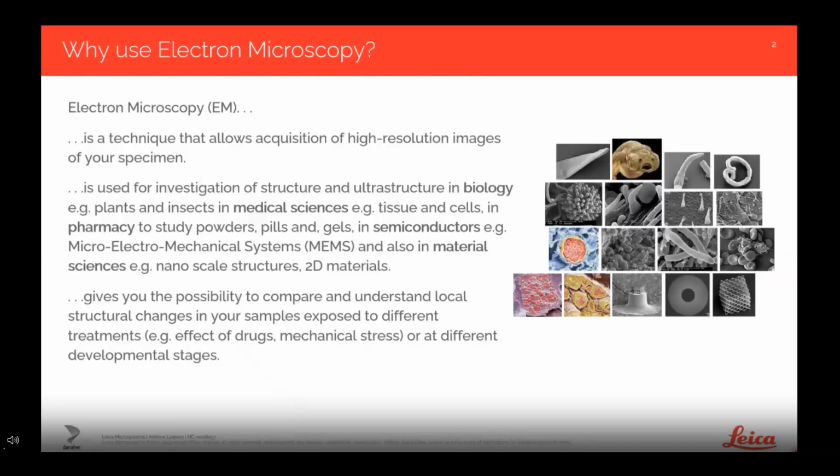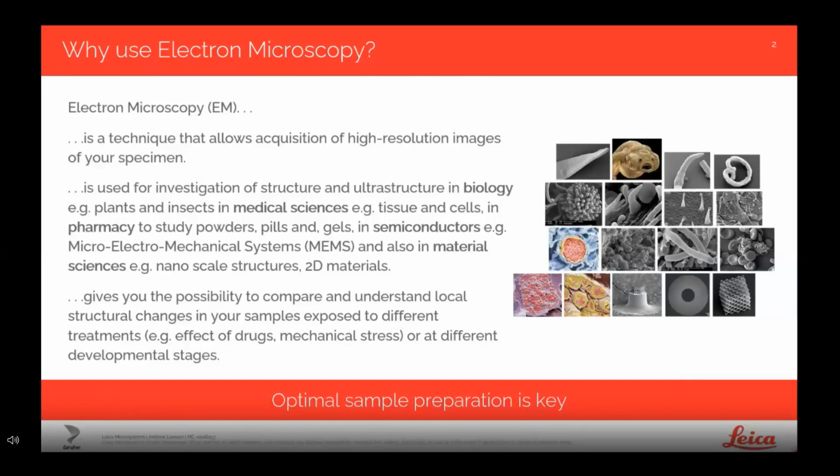On the material side, we look at pharmaceuticals, semiconductors, and a number of other types of samples in material science applications. But electron microscopy gives you the possibility to compare and understand local structural changes in your samples under different treatments or at different developmental stages of your sample.